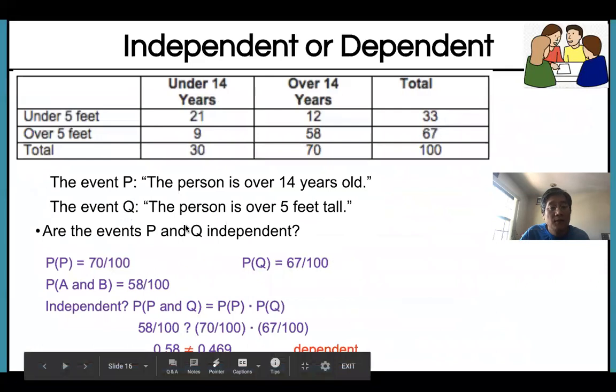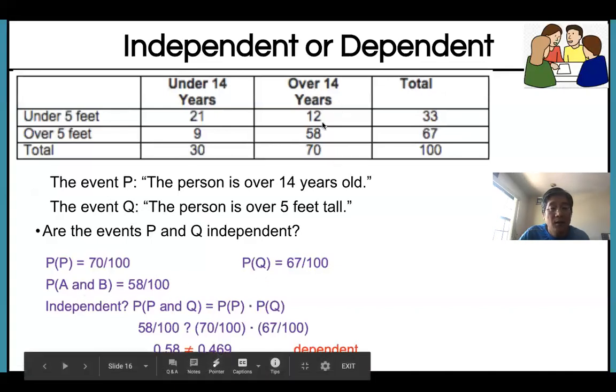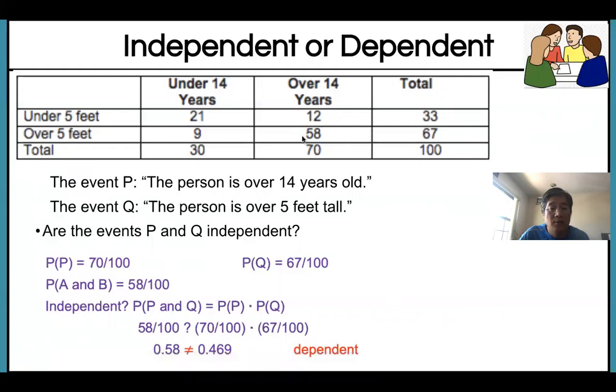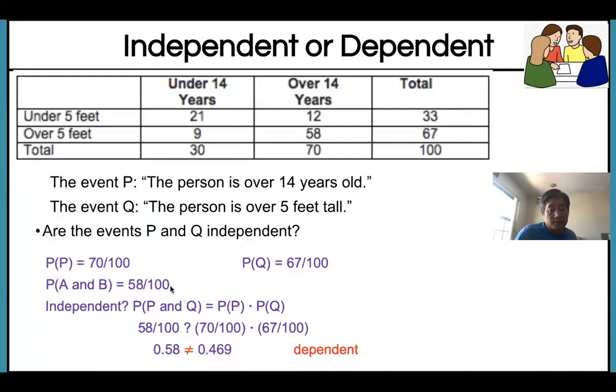So how do you get it? The probability of P is 70 out of 100, yes. And the probability of Q is 67 out of 100. The intersection of both A and B is here, right? The intersection is 58 out of 100. Then are they equal or not?